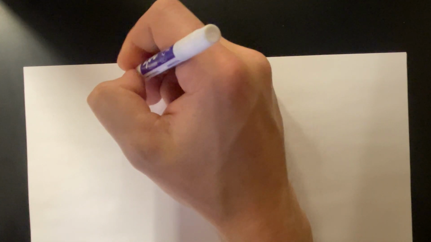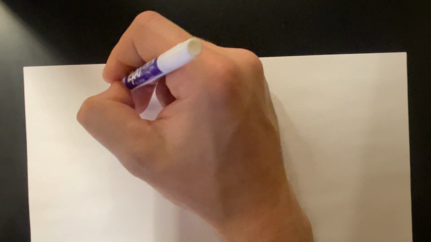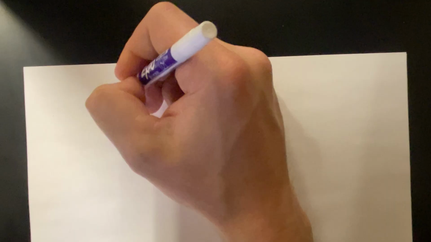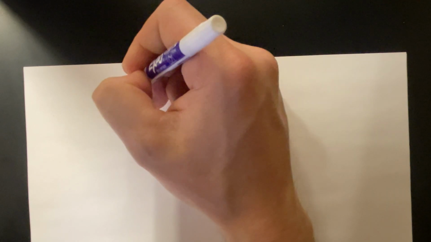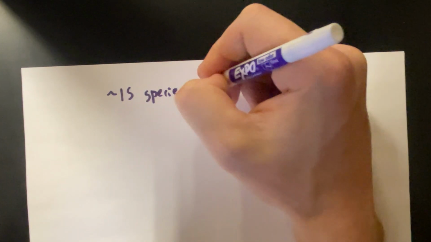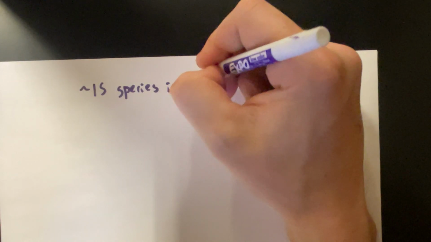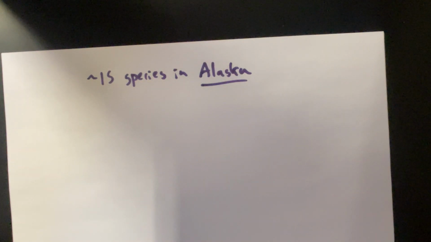As a table group, I want you to come up with about 15. I know this seems like a long list, but I think you can fill it out. We're going to do an Alaska food web.